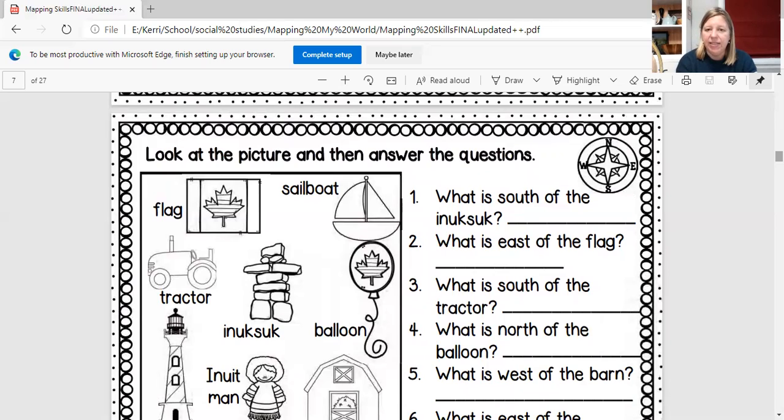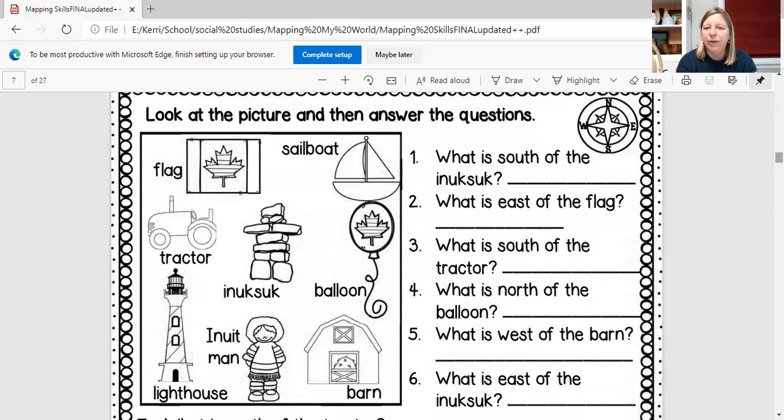Number 1 says, what is south of the Inukshuk? Inukshuk. That's how you say it. Inukshuk. Try it. It's a nice word to say. It has symbols that are labeled. So you need to find Inukshuk in the picture.